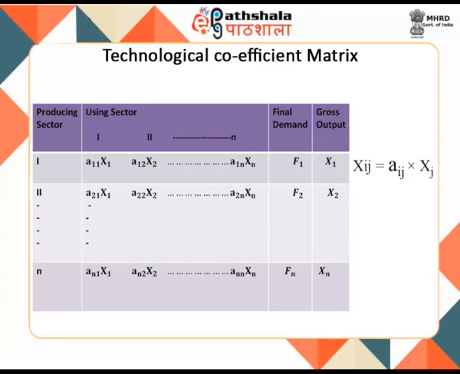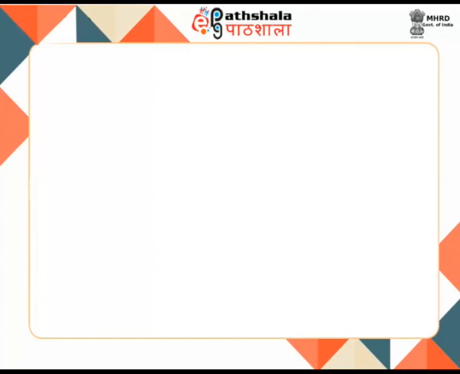Its value is usually positive but less than unity. If sector or industry j does not buy any inputs from industry or sector i, its value will be 0. In symbols, 0 less than or equal to Aij less than or equal to 1. If there are n industries or sectors, the following is true for each of them.